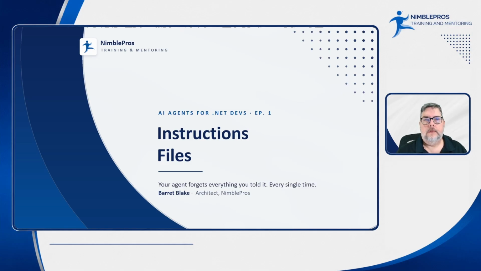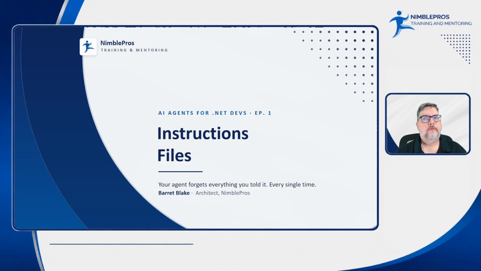This video is the first one in the series to go hand in hand with those. So if you want to check out the blog post, you can do so on our NimblePros blog. But for now, let's get into the first part here, which is talking about instruction files for AI agents.